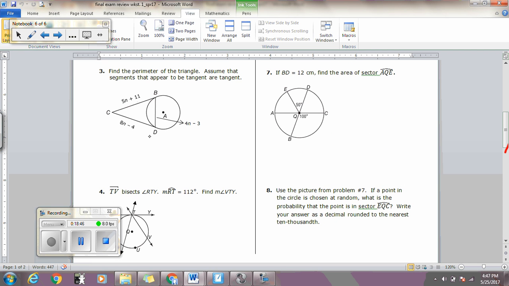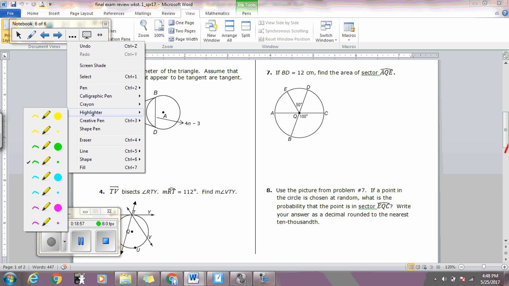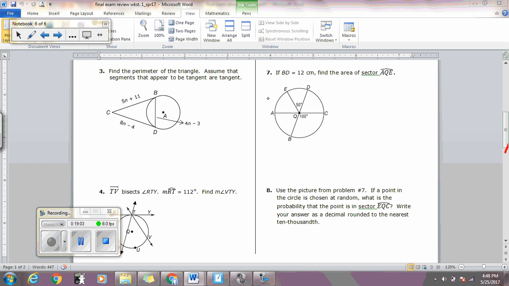All right, so it says if a point on the circle is chosen at random, what is the probability that the point is in sector EQC, which is supposed to technically be the sector formed by angle EQC. So the angle EQC is right here. So this is the area we are trying to land in or put a point.